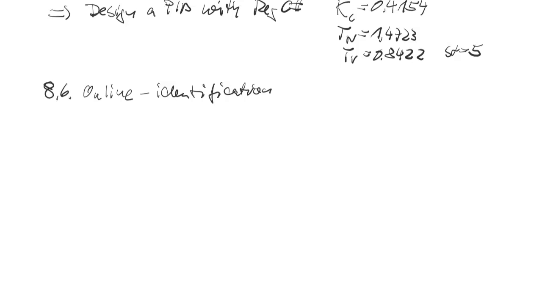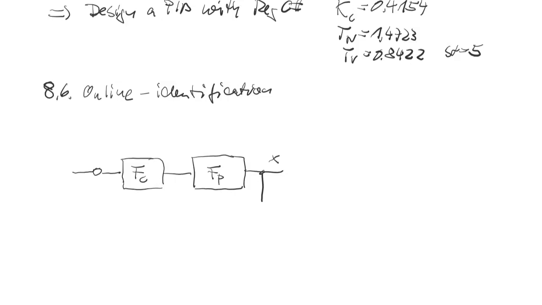The main principle is the following. I have a running loop, controller C together with my process FP. The X value, this is the Y value, the output goes back to the input.